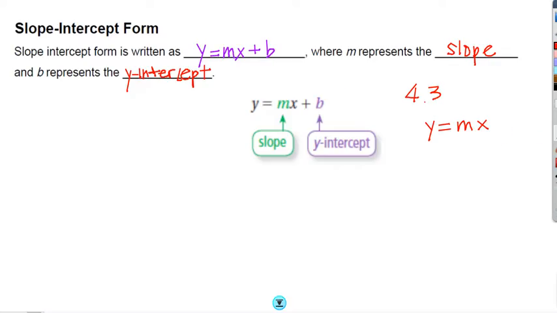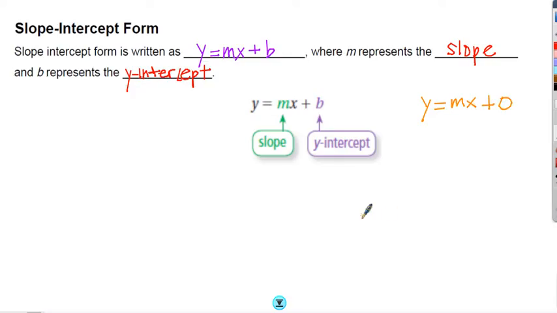I just want to make a note to you that last time we had y equals mx, but now why do we have this number after? Well, that's because when it was proportional, this was always 0. B was 0, so it was plus 0.